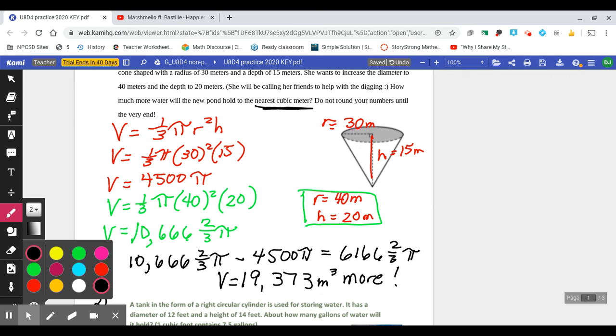So she is going to have room for plenty more fish. I hope that explains that and you understand it now. If you're going on to the next problem, you won't make the same mistakes if you made those mistakes. All right, Action Jackson, signing out.